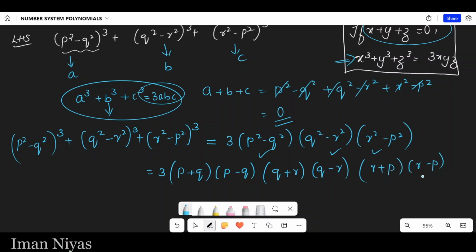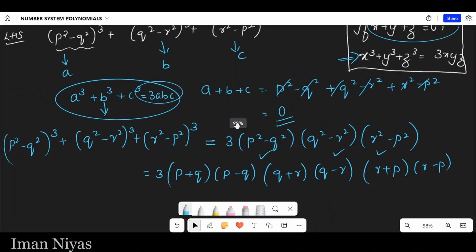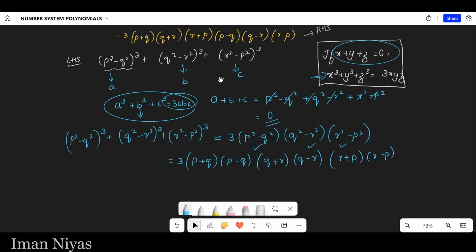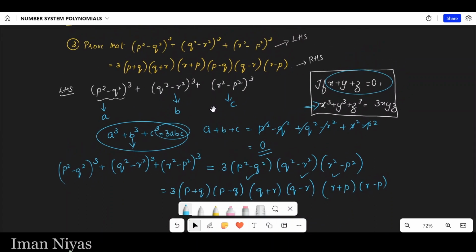So what exactly do we have to find out? Let's go back to our question now. So you can see here in our question what is asked to find out: 3 multiplied with (p plus q)(q plus r)(r plus p)... Let's check whether all these are in what we have found out. p plus q is there, then q plus r is there, r plus p, yes, r plus p, then p minus q is there, q minus r is there, r minus p is there.